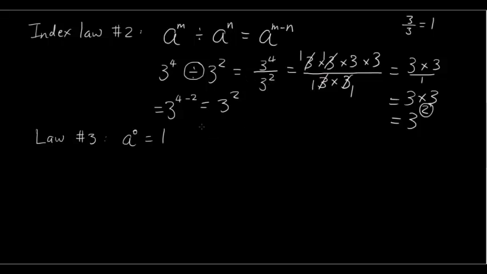Well, for example, if we have 3 to the power of 3 divided by 3 to the power of 3. So we have 3 by 3 by 3 on the top, 3 by 3 by 3 on the bottom. So then we cancel the numbers down to 1.